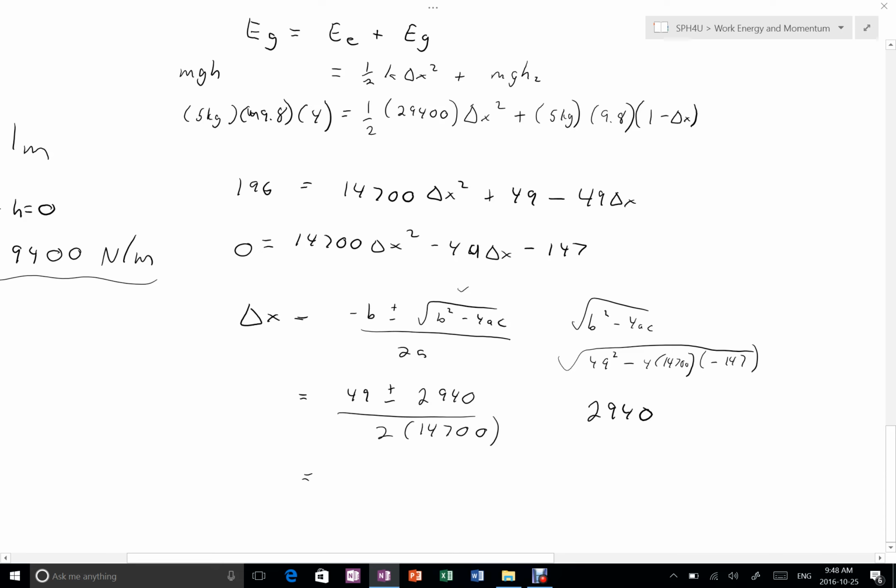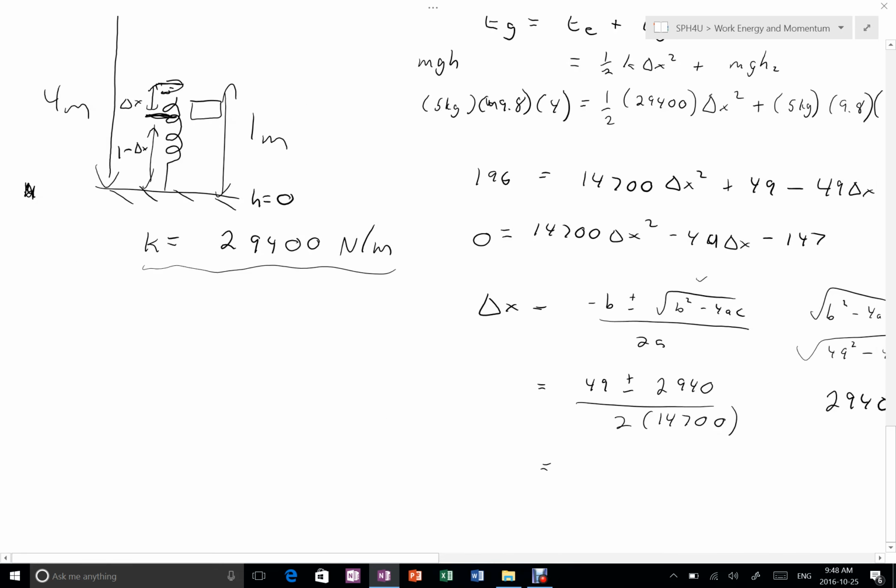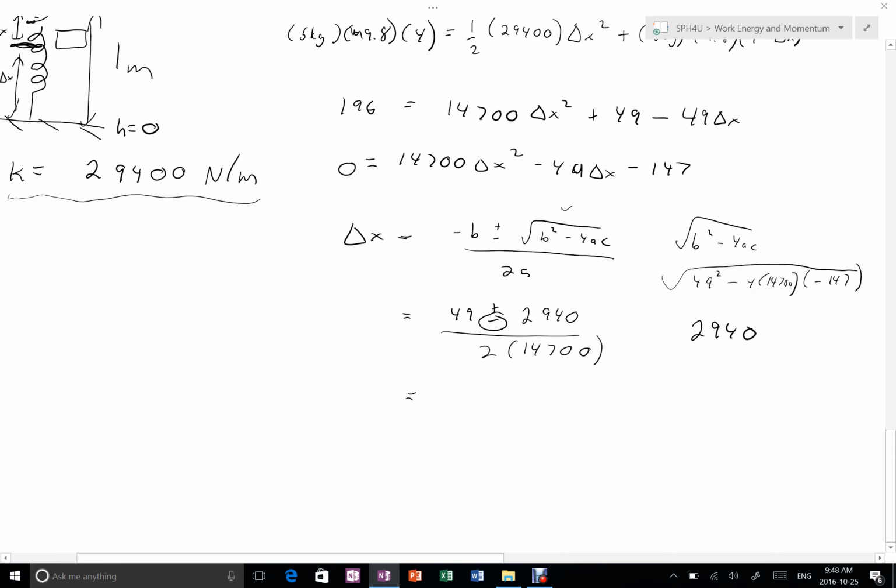Now with the way I've written this question, I've treated delta x as a positive value. So I don't need to worry about this root. I only need the positive one. So plus 49 equals, I got 0.10168 and some negative root.